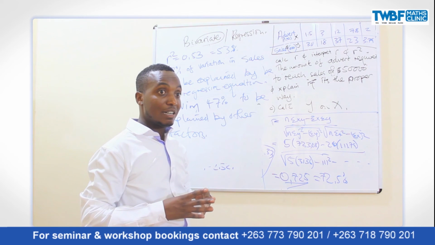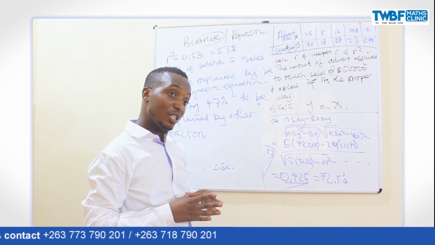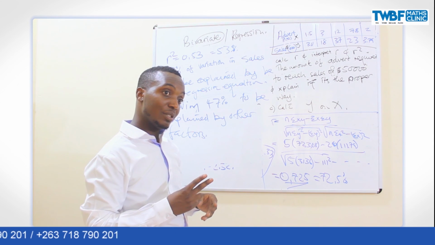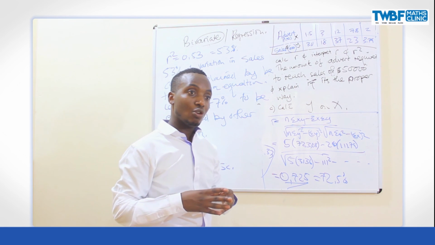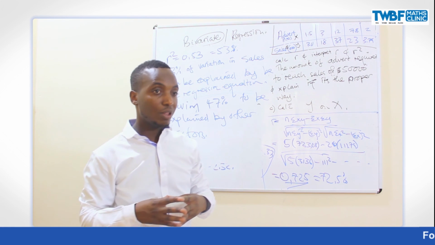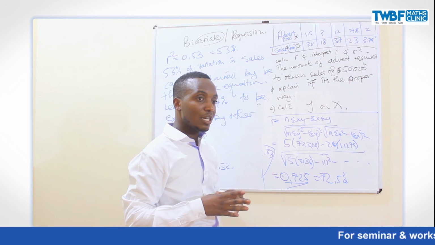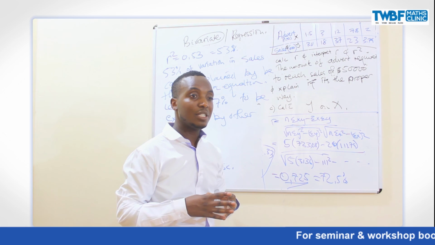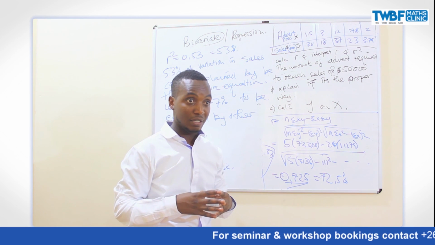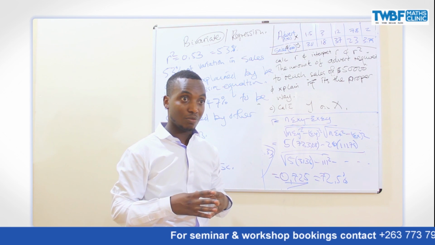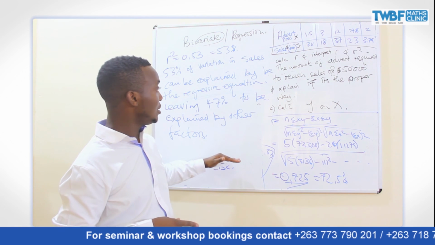So that's bivariate analysis. You simply need to compare two variables, and before you go further, you need to know which variable depends on the other. If you are estimating, you can't estimate an independent variable using a dependent one. It's impossible. You are violating a mathematical principle.